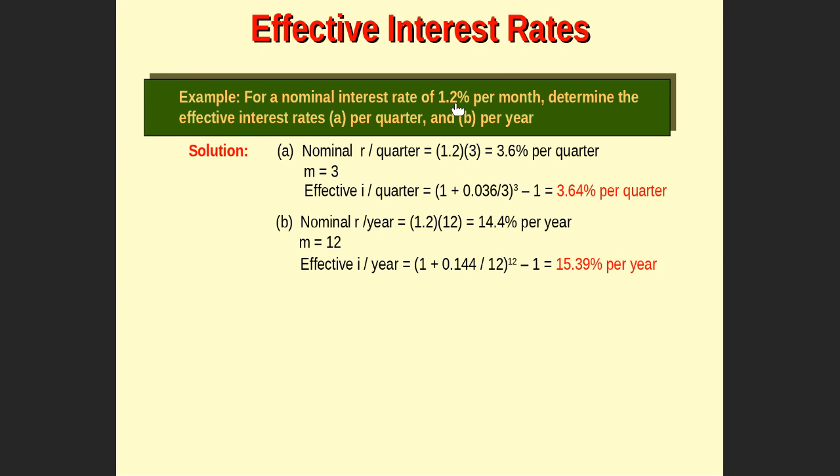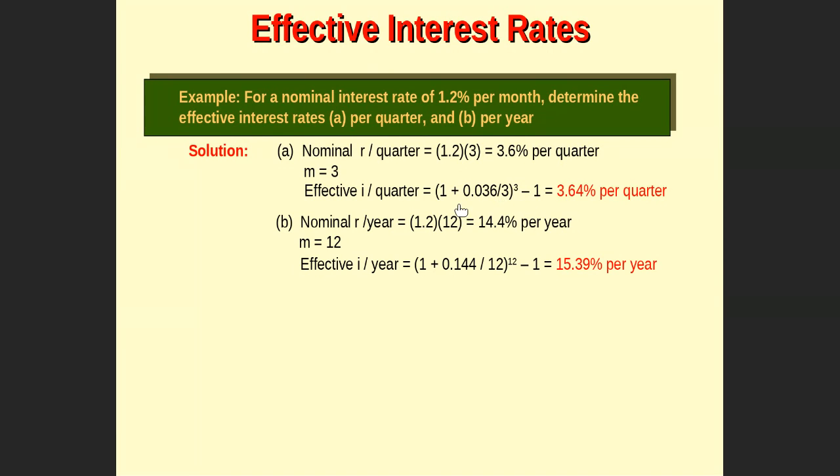Then you see the arrow that leads to I effective equals 1 plus R divided by M, the rate divided by the compounding frequency, to the power M, minus 1, which is this line here.